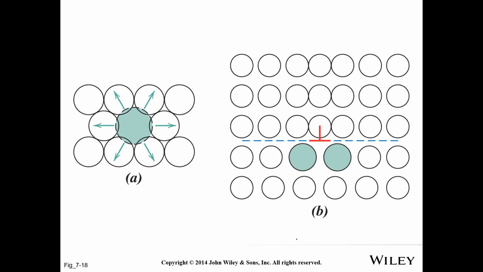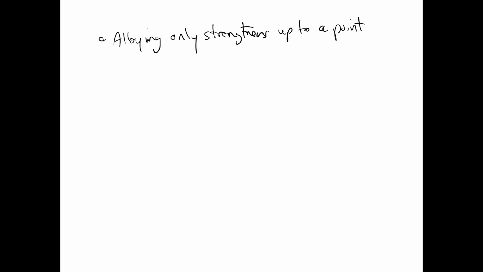Now this only kind of works up to a certain point. I've got a figure, so let's talk about adding copper to nickel. So, we'll just say alloying only strengthens up to a certain point. You just can't keep adding things forever.